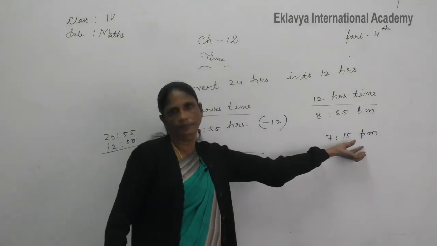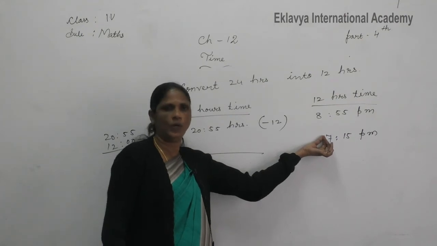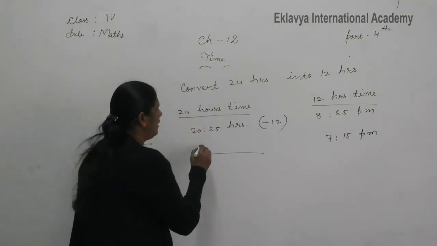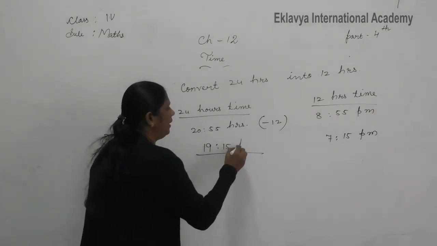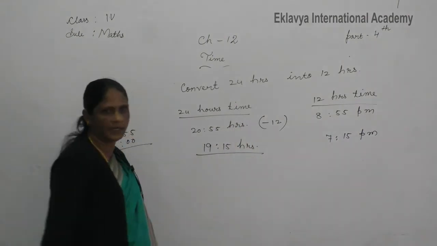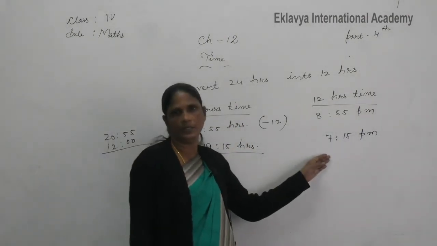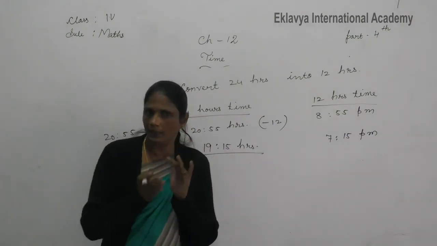PM comes, so we add 12 hours to this number. Now our answer is 19:15 hours. Understand? We add, we convert.